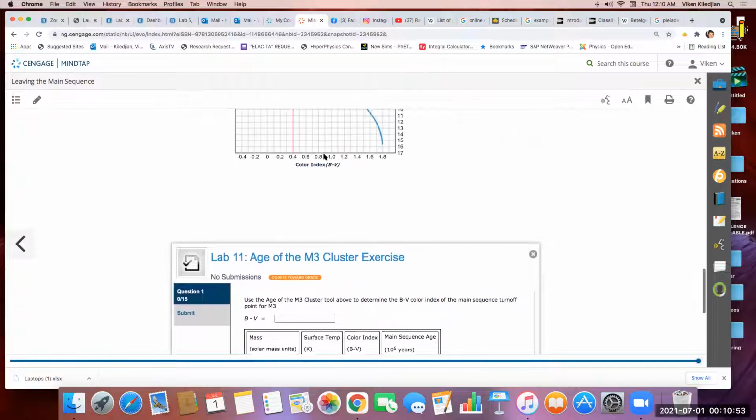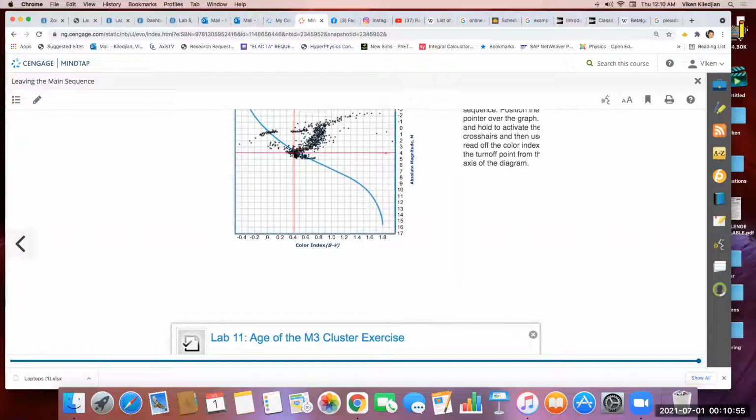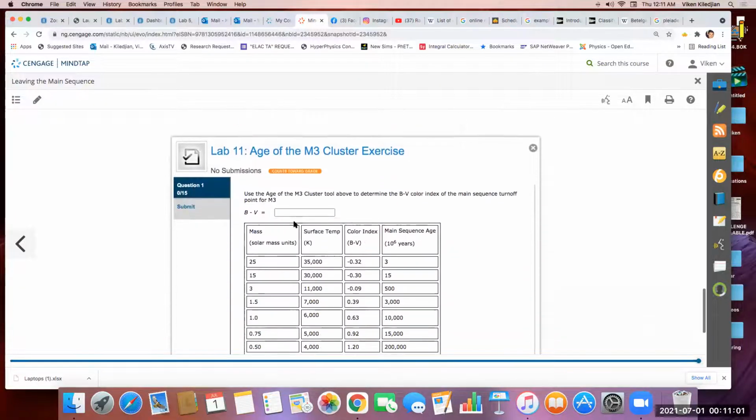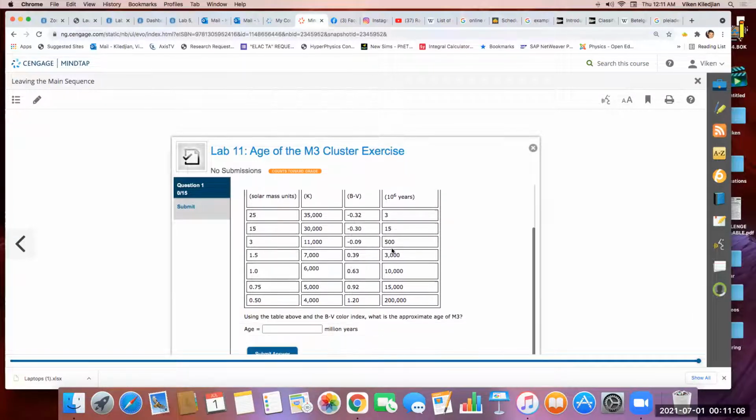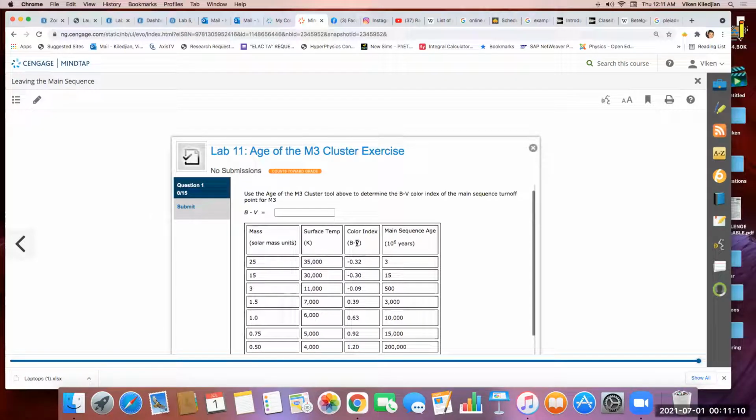So let's say I thought that the main sequence turnoff was the 0.4 right there. Then I take a picture of that, and I would come here and put the BV color index as 0.4. Then if the BV index of the turnoff point star is 0.4, you look at this chart: what would its main sequence age be?